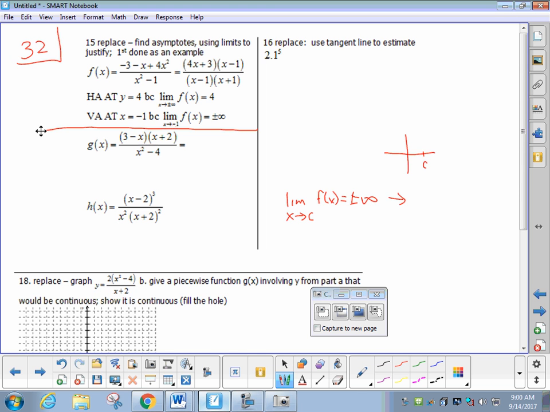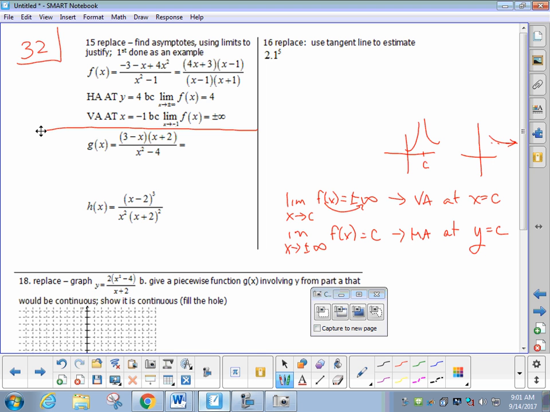So x is going to a constant, y is going to infinity, which would mean a vertical asymptote at x equals c. If, however, x goes to plus or minus infinity and the function approaches a constant, here's x goes to infinity, y goes to a constant. That's a horizontal asymptote at y equals c. Yeah?